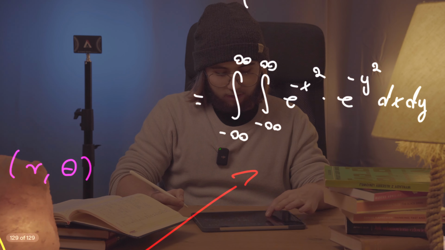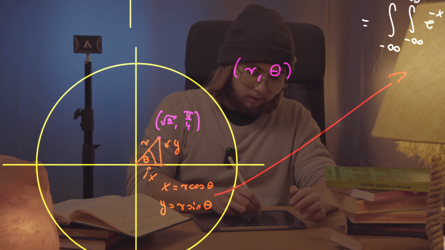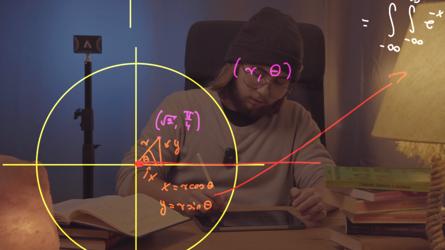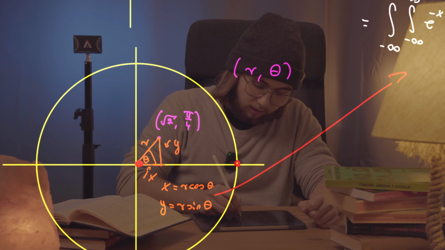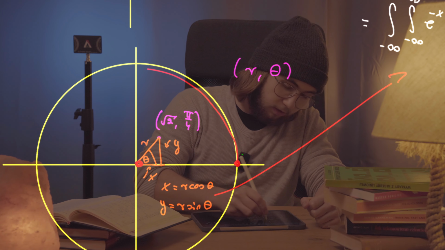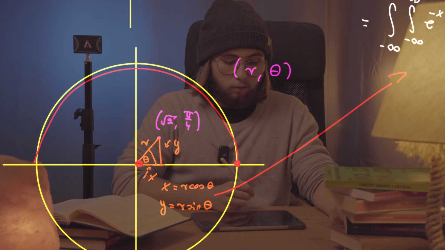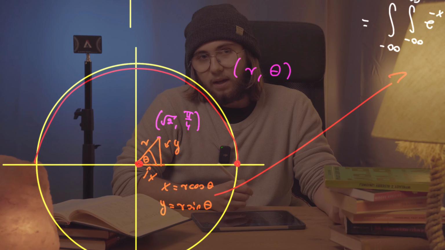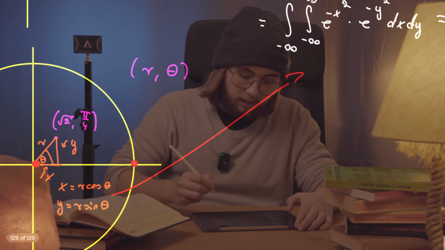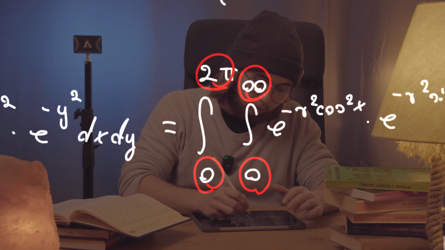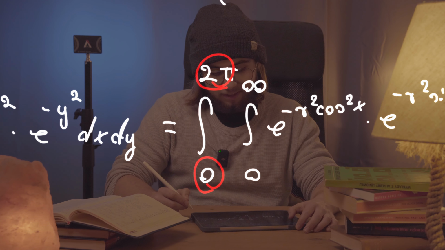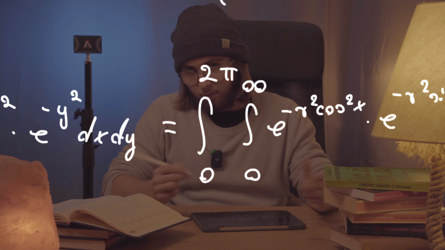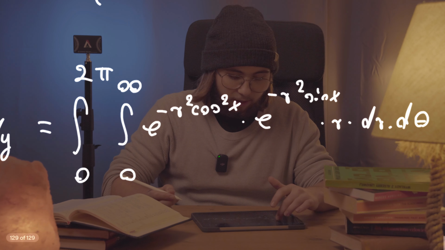Why am I taking r between 0 and positive infinity and not negative infinity and positive infinity? Because this point right there corresponds to this point right here, but with the angle theta just being a pi larger. So as I take thetas from 0 to double pi, I'm actually pretty much taking r's from negative infinity to positive infinity. It doesn't really matter for me.